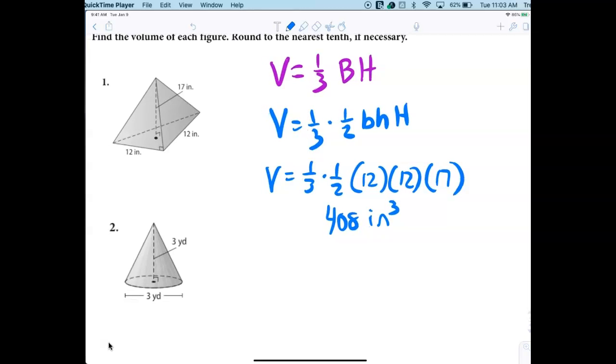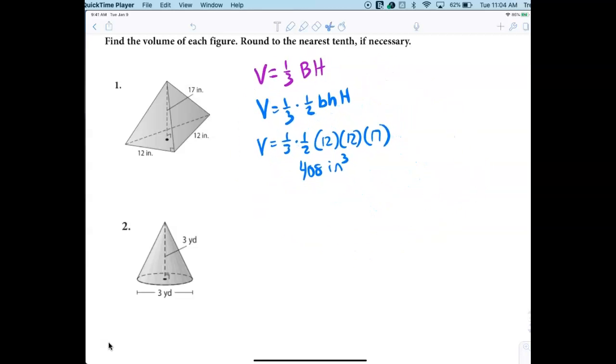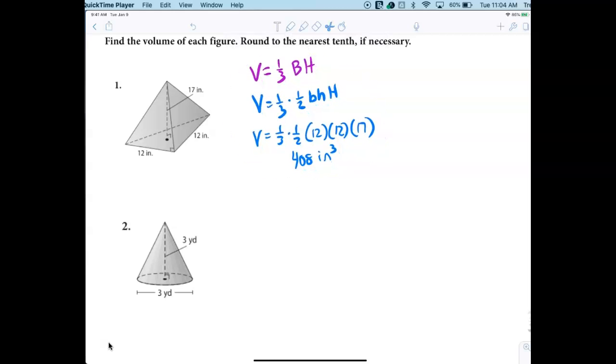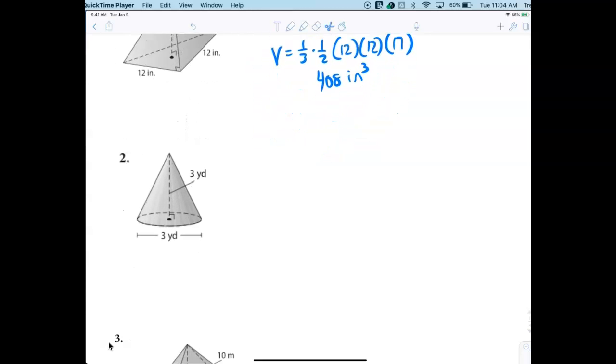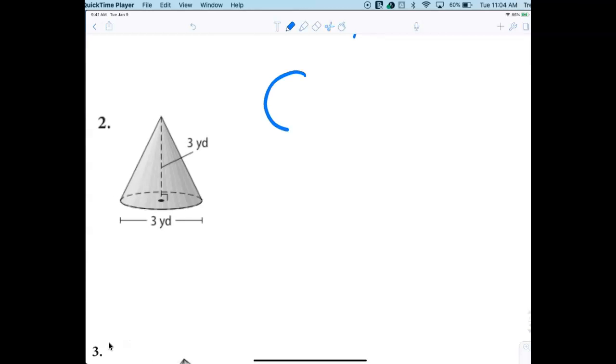Yes, ma'am. This is kind of a weird question. But in a cone, it's round, so the cubes would have to be rounded. You're almost correct. Now, listen, that's a pretty good understanding, right? But it's just like in a circle. You don't measure the area in circles with squares.